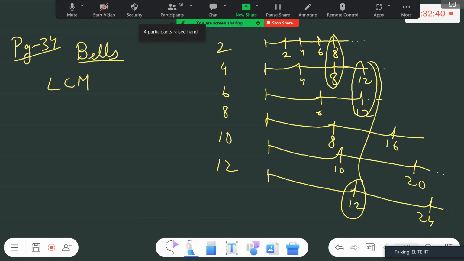You know what a copy looks like? What is your name? Aditya. Where is yesterday's homework? This is the questions. Where are the answers?